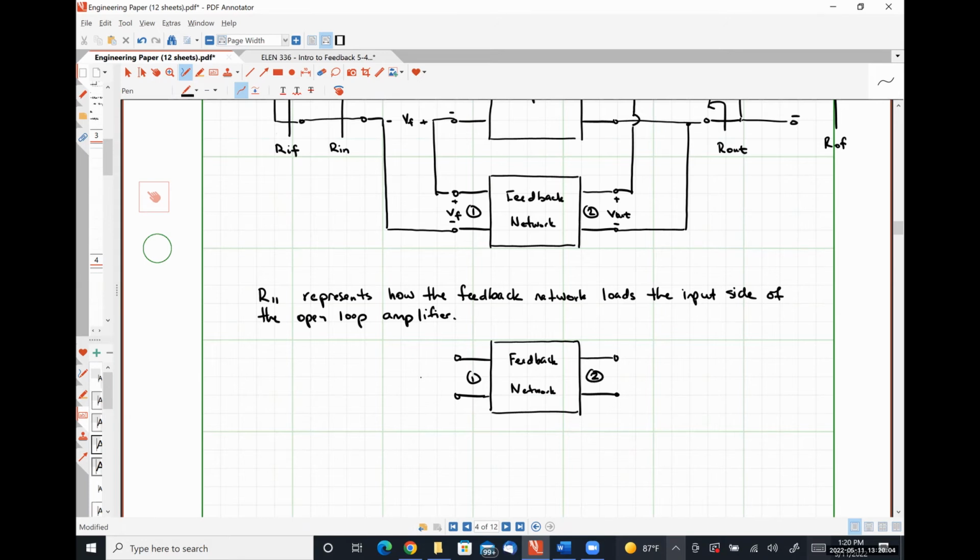We look in with port 2 short circuit. This is how we mathematically determine what R11 is. And then because on the input side, our feedback network is connected in series, we connect R11 in series. And I'll draw that in a moment.